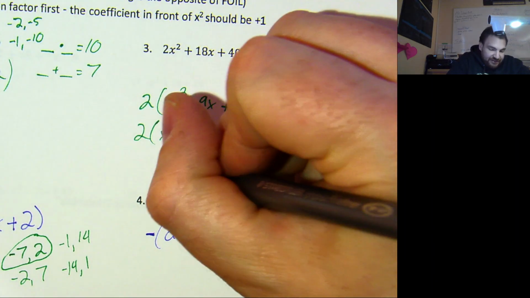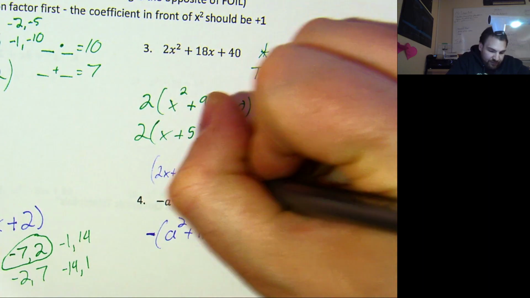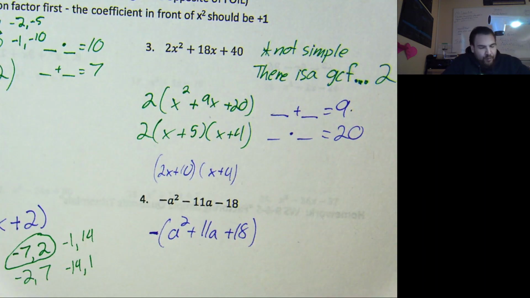Oh, you want to rewrite this as 2x plus 10 and x plus 4? If the instructions say factor fully, this is still not fully factored.